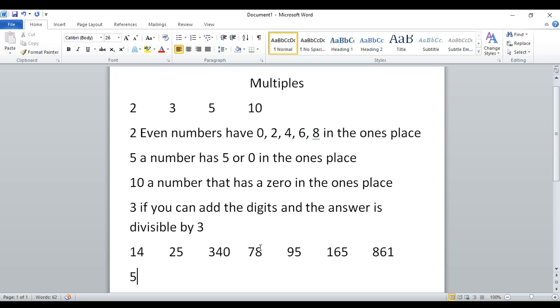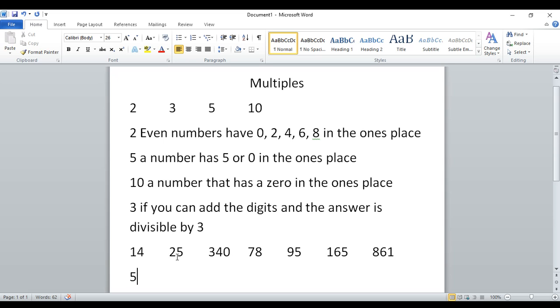But sometimes when we get into larger numbers, it's tricky unless you do a division problem. So will 25 be a multiple of 3? Can you multiply 3 by anything and get 25? You probably know in your head you cannot do that because 3 times 8 is 24 and 3 times 9 is 27.